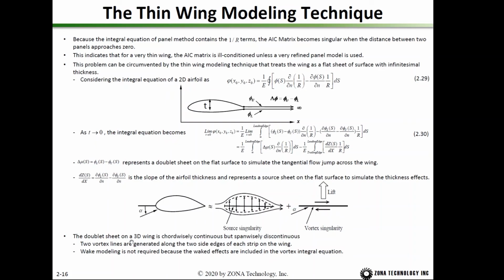The doublet sheet on the 3D wing is chordwise continuous but spanwise discontinuous. The two line vortices are generated along the two side edges of each strip on the wing. The wake modeling is not required because the wake effects are included in the vortex integral equation. This we're going to talk about in detail later.